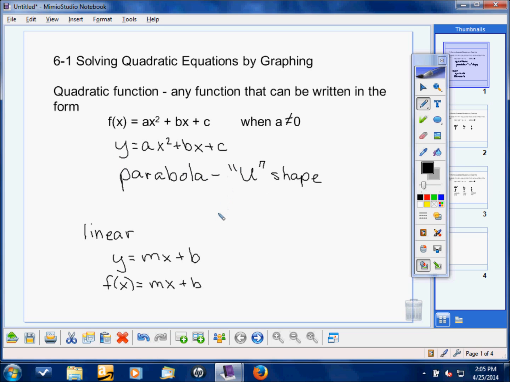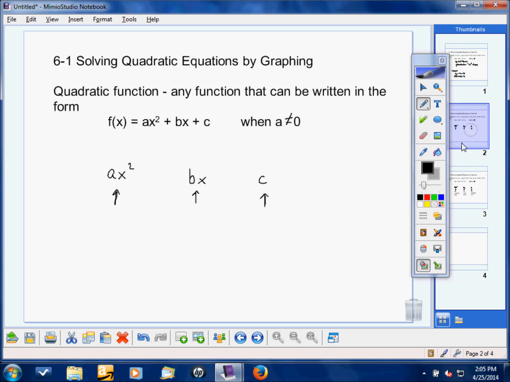All right, so there's 3 parts here. There's the squared part, there's the part that doesn't have a square, and there's the C part. They each have their own name. This is actually called the quadratic term. This is called the linear term, and this is the constant term.